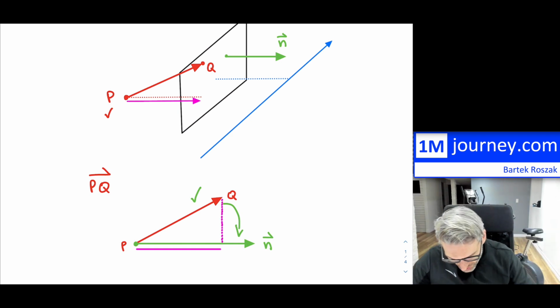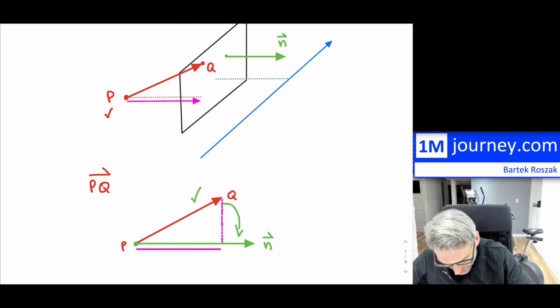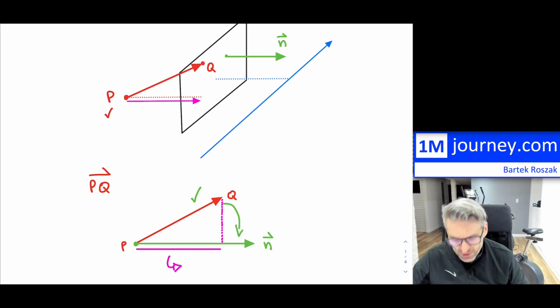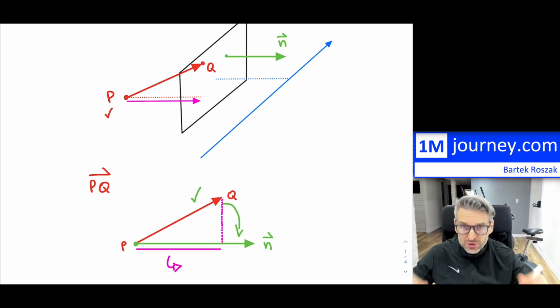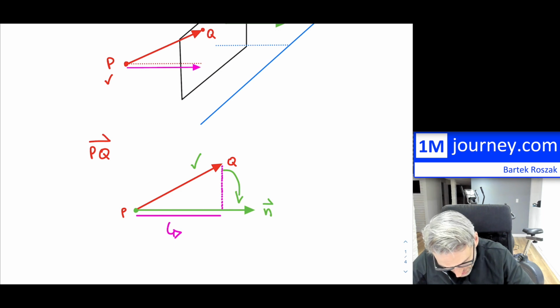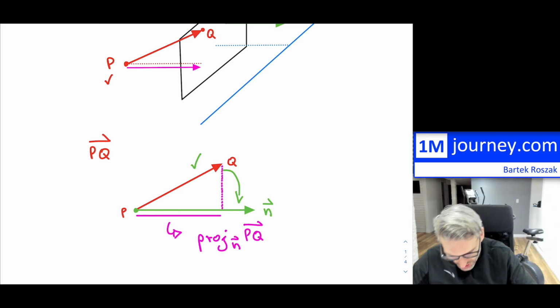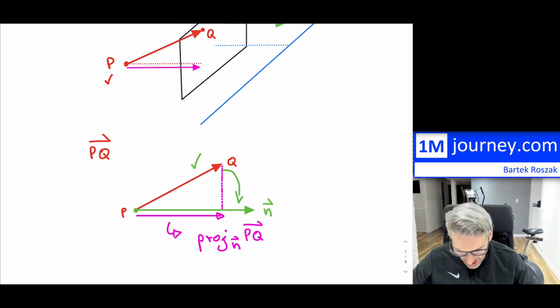If we're interested in this vector, then we can say, well, hold on. If I know what this vector would be, and by the way, this indeed is the projection, it is the projection of the vector PQ onto the vector N. That is the vector itself.